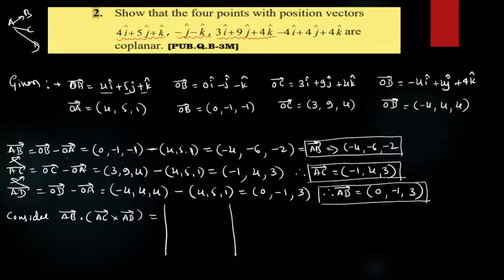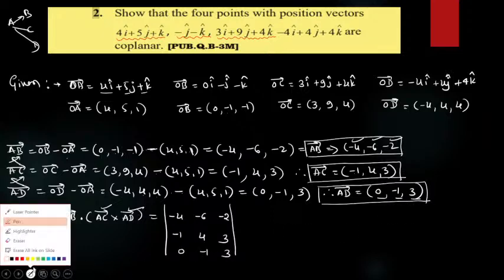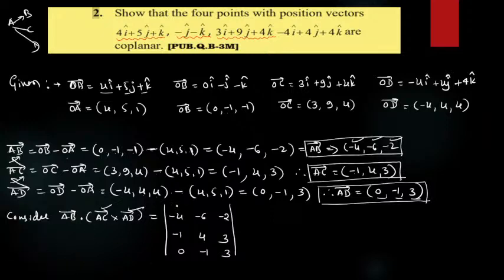In the first row write -4, -6, -2. In the second row write the components of AC, -1, 4, 3. In the third row write the components of AD, 0, -1, 3. Then resolve this determinant and show the value is equal to 0.